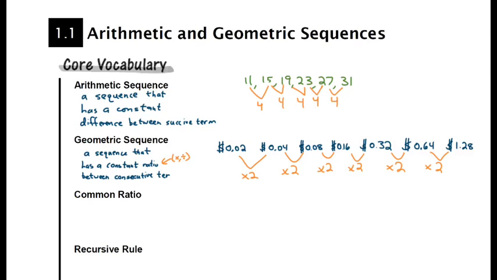Okay. Now, a common ratio, which we just defined kind of for you, but just to give you a more formal definition, a common ratio is the multiplier in a geometric series or sequence between consecutive terms.